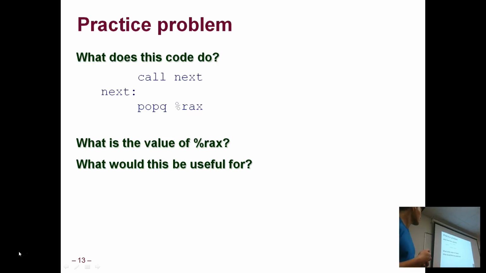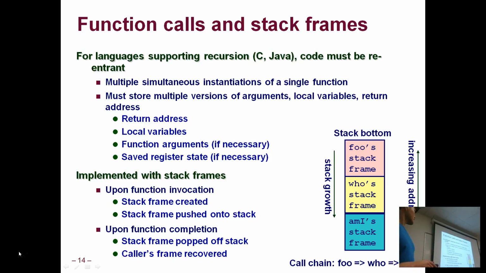So, okay. All right. I gave you a little piece of function calls, but there's a little bit more to functions than just calling and returning. In fact, functions implement not only the return address, but local variables, function arguments, and as it turns out, saved register state. So when the caller foo calls who, sometimes it doesn't want who to overwrite all of its registers.